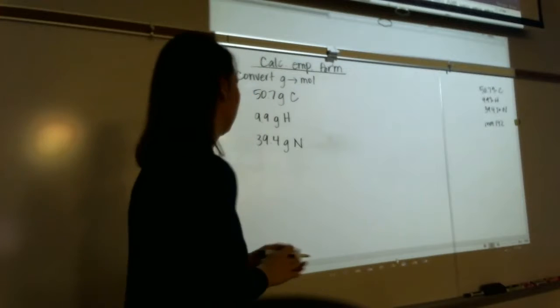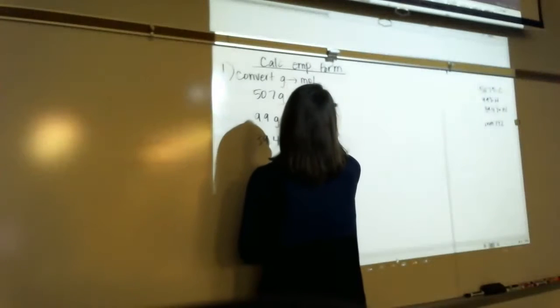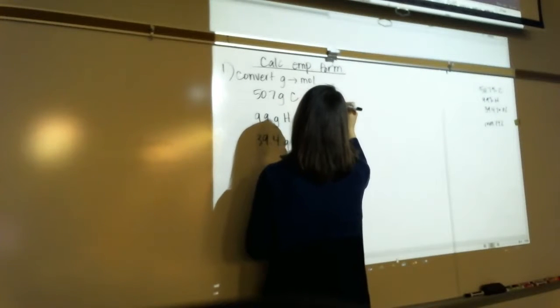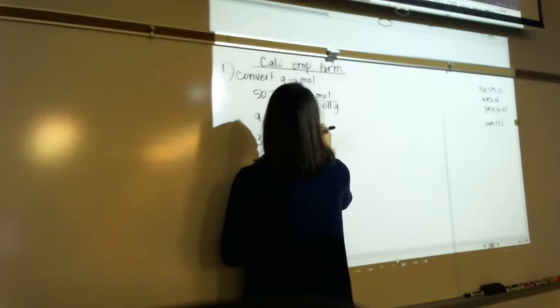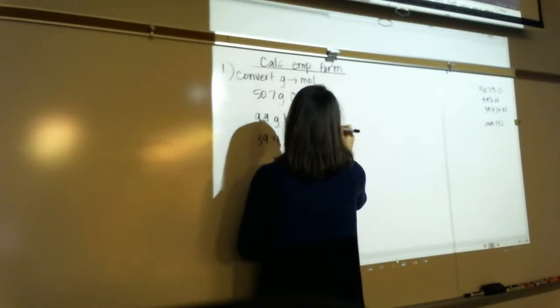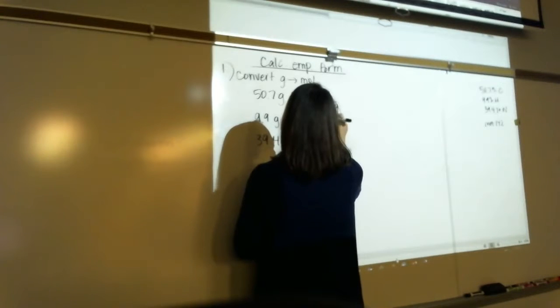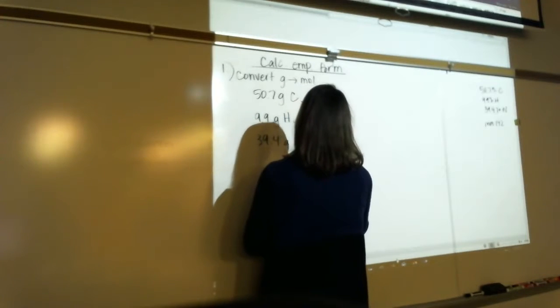So we need our calculator. Molar mass of carbon is 12.011. Molar mass of hydrogen is 1.008. And molar mass of nitrogen is 14.